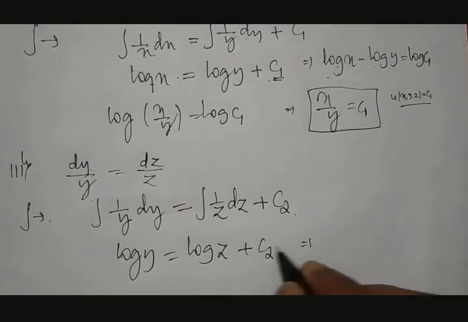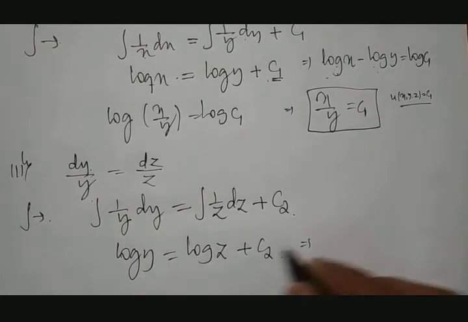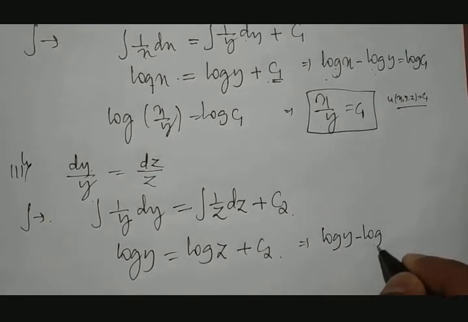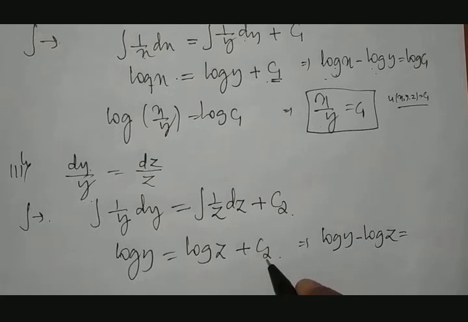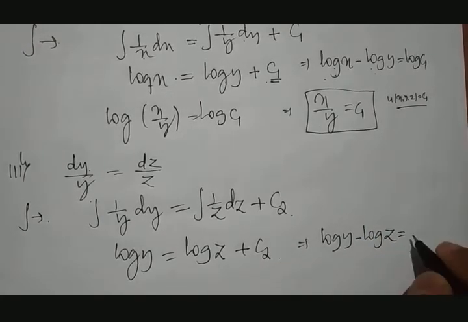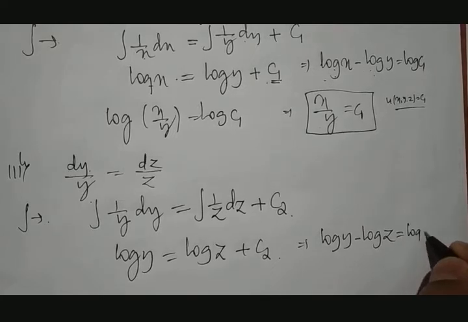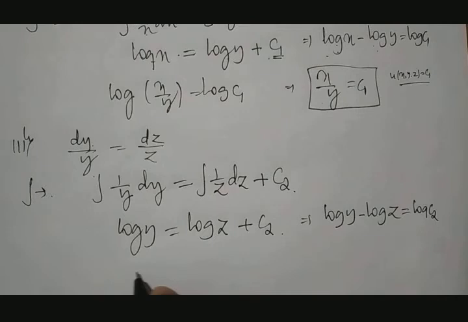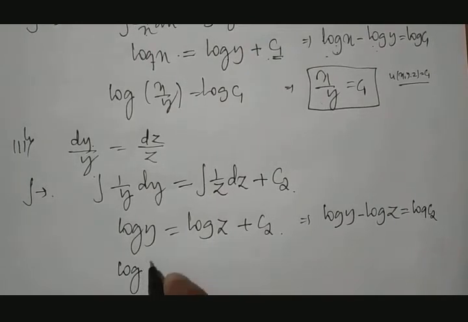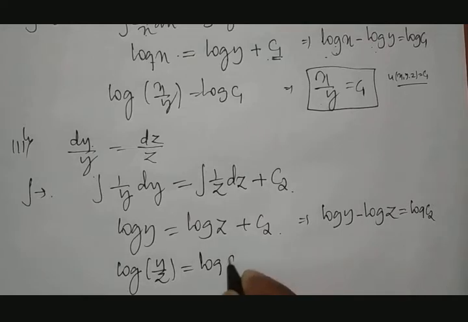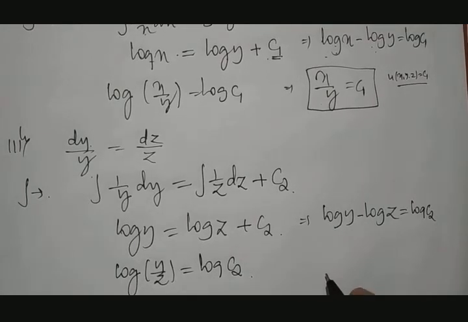Or else we can take it as per the logarithm. I'll take this log z to the other end. It becomes log y minus log z is equal to c2. Again, both logarithms are there, so we'll take this constant as the logarithm of the constant c2. As per the logarithm property, this can be written as logarithm of y divided by z is equal to logarithm of c2.